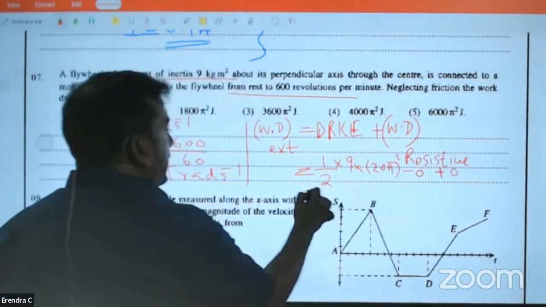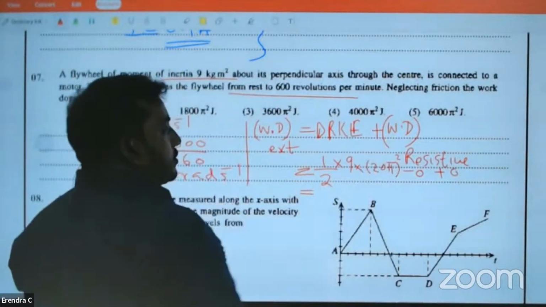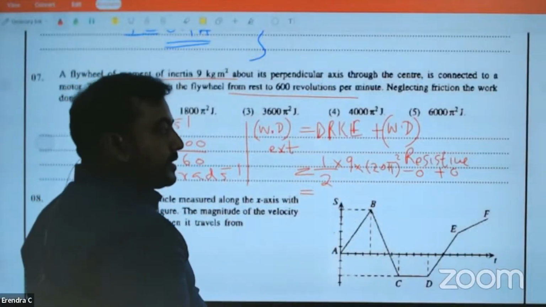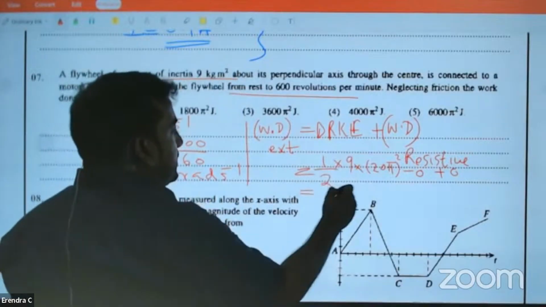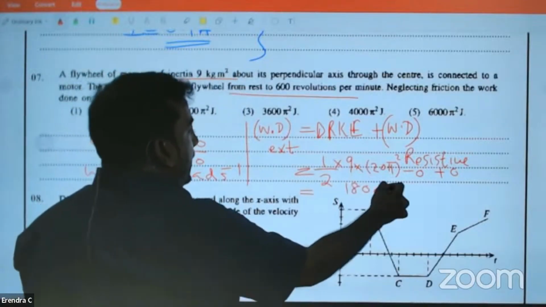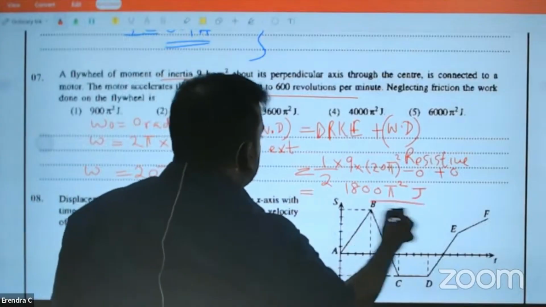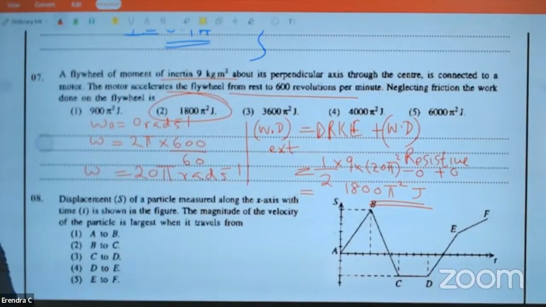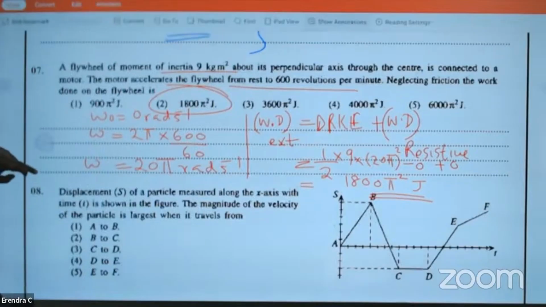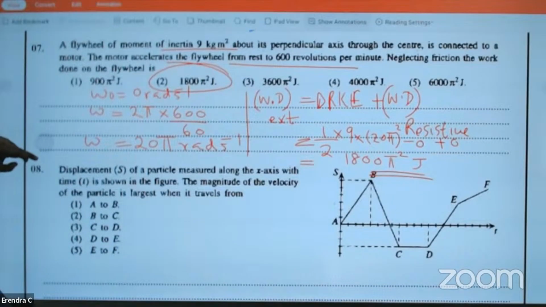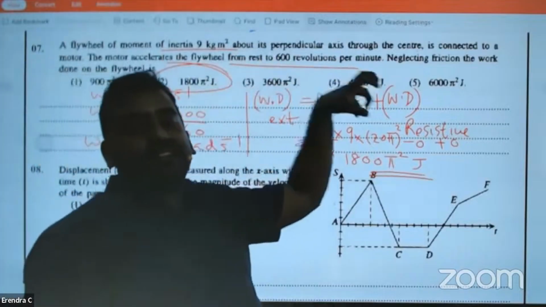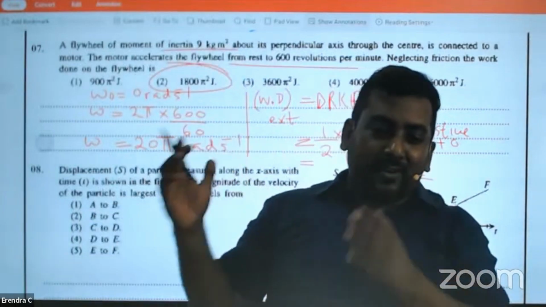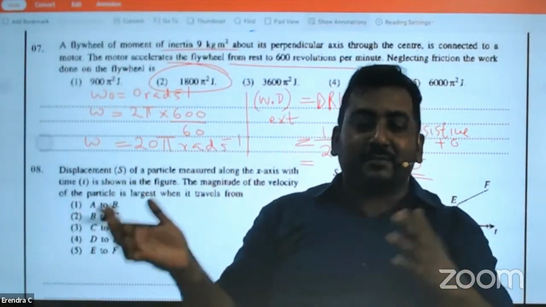No resistive work done. Be careful now. 20 squared is 400. 400 times 9 is how much? 3600. 3600 divided by 2 is 1800 pi squared joules. Answer number 2. So I'm sure you have done that. If you looked in yesterday's work, this experience is already there. Can you see? One question's essay experience, there's MCQ also.